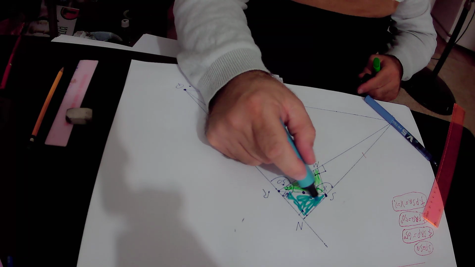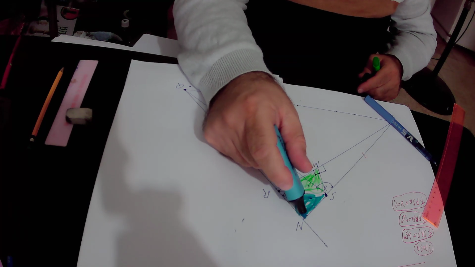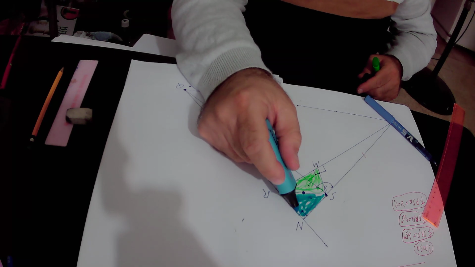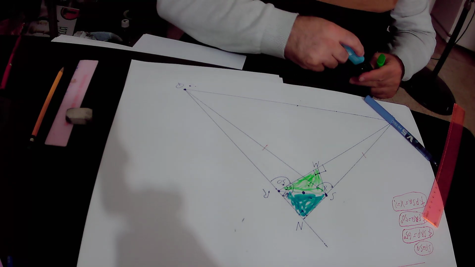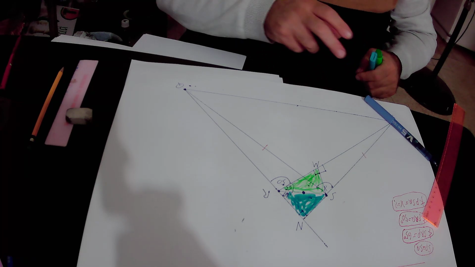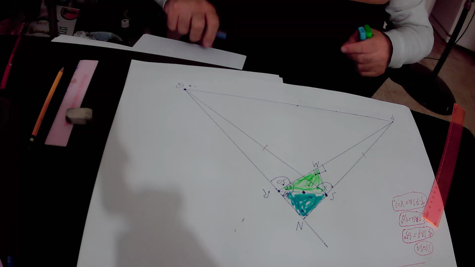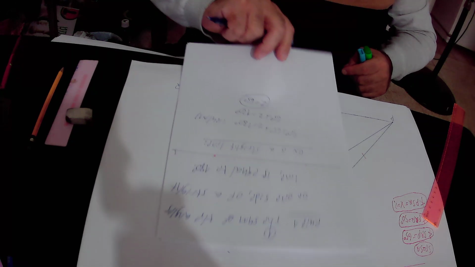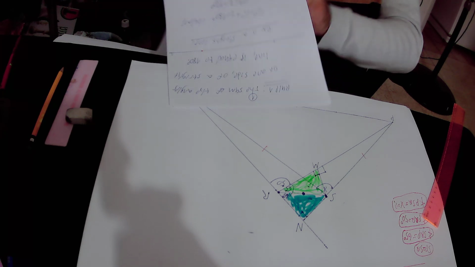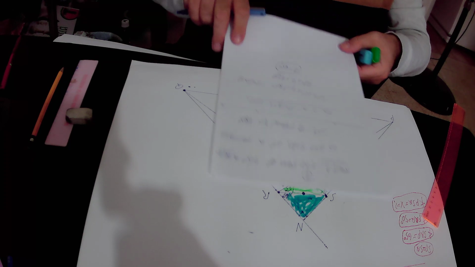We will actually prove that those two triangles can go into each other. We will prove that the green triangle is congruent to the blue triangle. First of all, we will focus on triangle SMR.